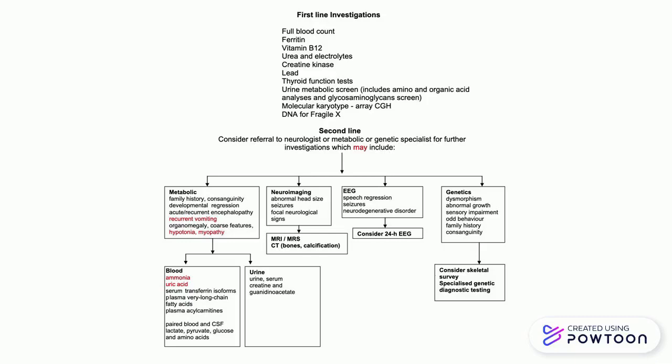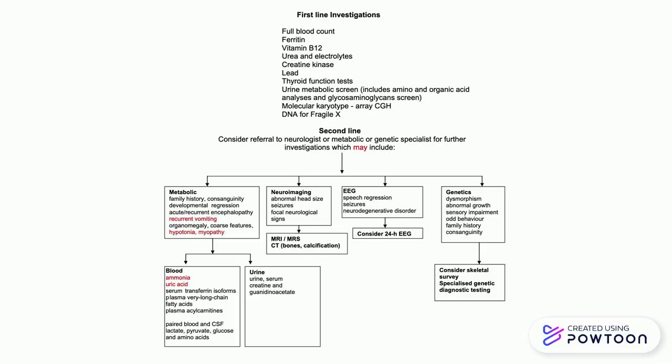Then, after referral to a neurology, metabolic, or genetic specialist for further investigation, second line investigations that can be considered are metabolic tests, family history, recurring problems like organomegaly, or neuroimaging like MRI, CT scan, EEG for seizures or anything else, and consider genetic tests, more so for sensory impairment.